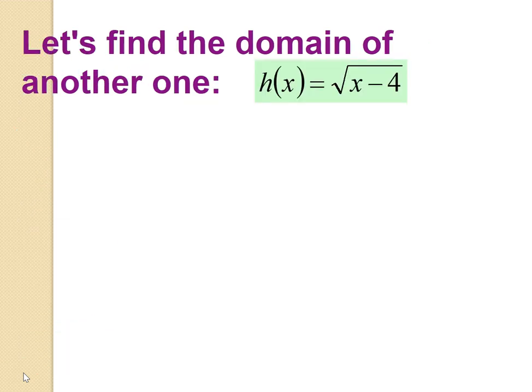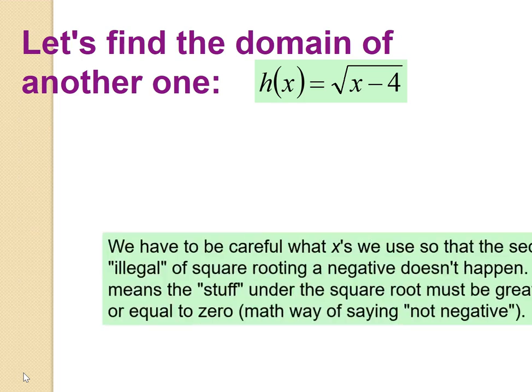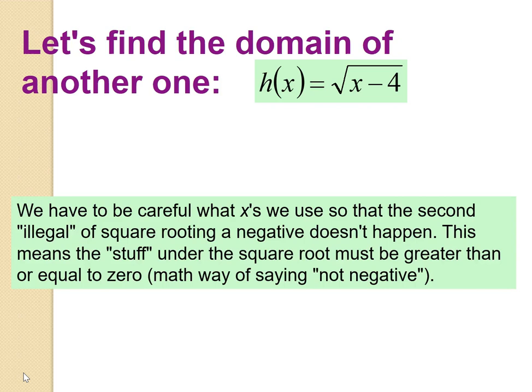All right, here's another example. This time we have the square root of x minus 4. So this is our second illegal situation. Remember, we're not allowed to take the square root of a negative. We have to be careful what x's we use so that the second illegal doesn't happen. What I'm trying to say is, the stuff under the square root must be greater than or equal to 0. So we say x minus 4 must be greater than or equal to 0.